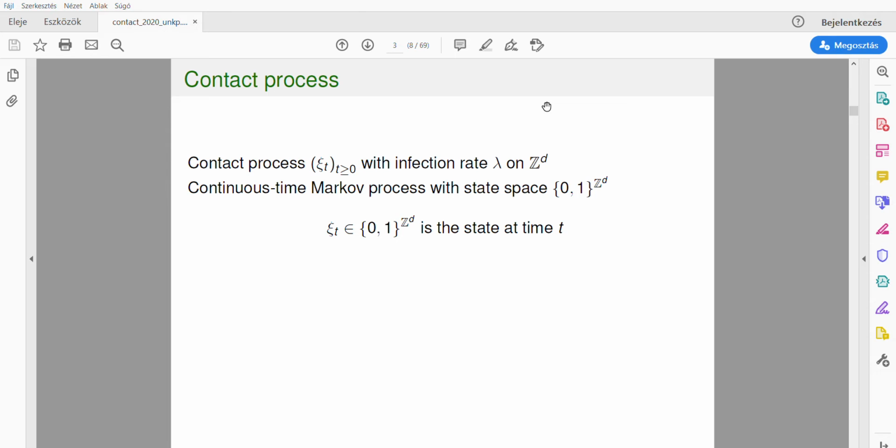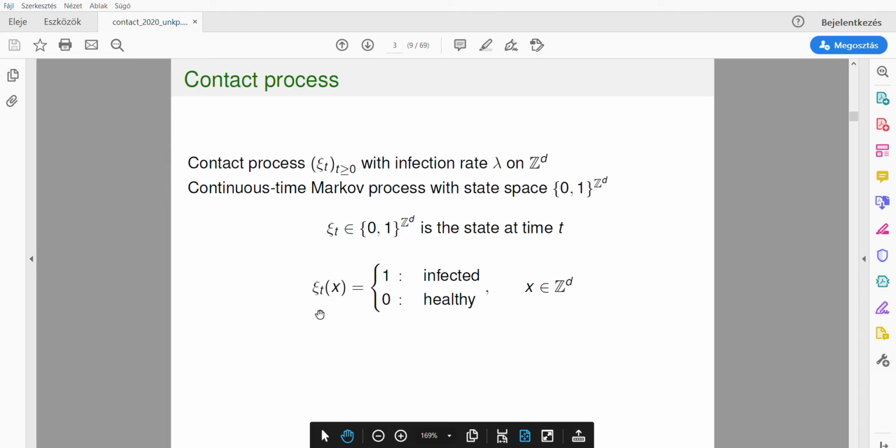And this has the following interpretation. At time t, if you look at vertex x, and if xi_t(x) is equal to 1, then we say that this vertex is infected, while if xi_t(x) is equal to 0, then we say that the vertex x is healthy at time t.